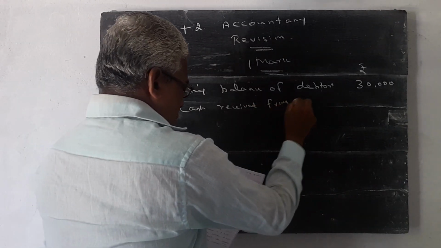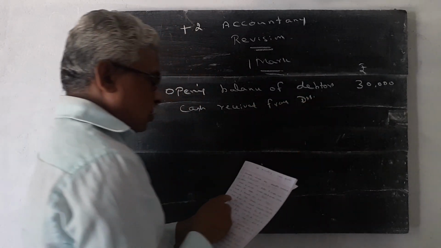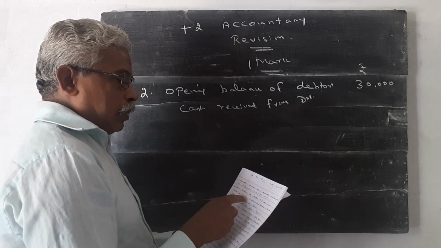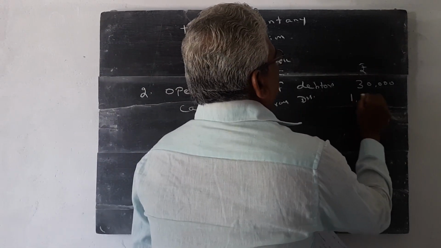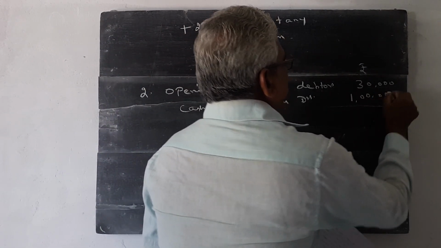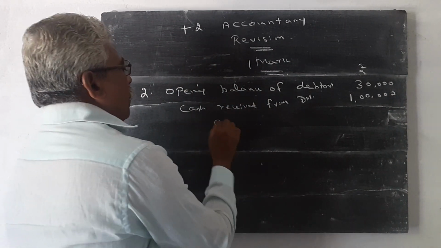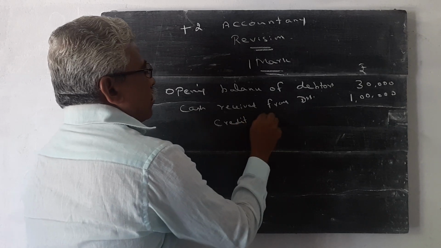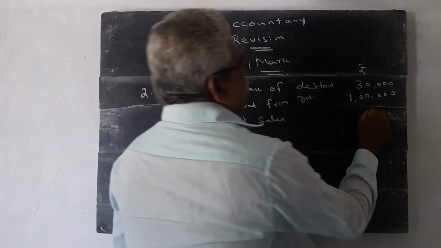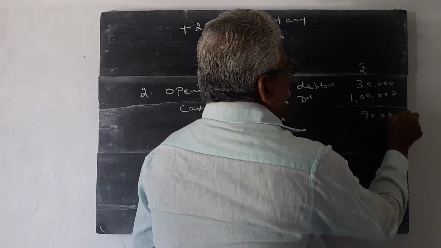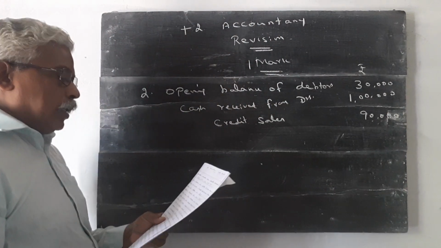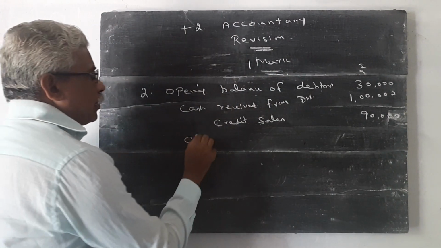Cash received from debtors 1 lakh. Credit sales 90,000. Calculate closing balance of debtors.